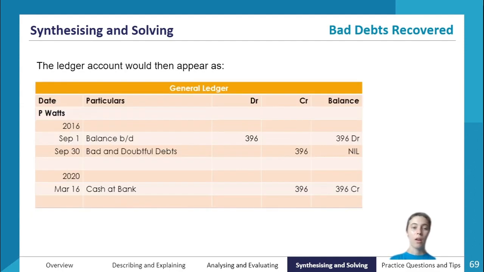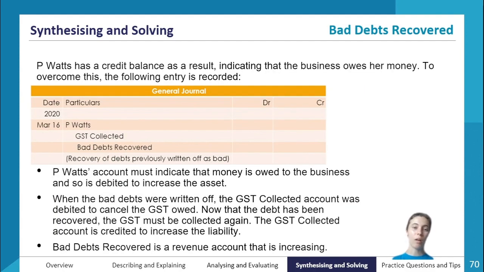However, the ledger would then show that the business is in credit because you've already written off those previous debts, and so now it's suggesting that the business actually owes that creditor money because you're adding that 396 in this case on. So because you've got this credit balance, which suggests that the business owes P Watts money, you need to have an additional entry.